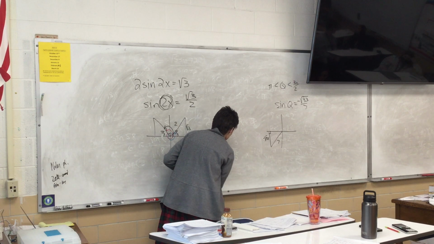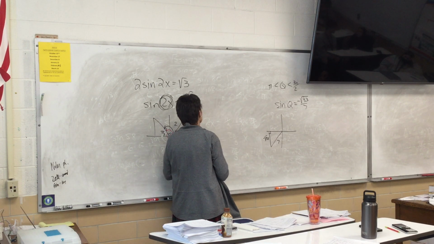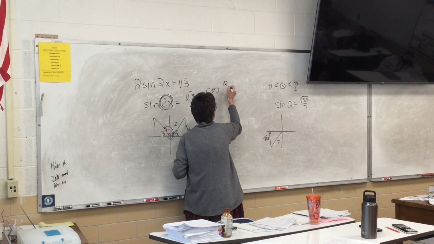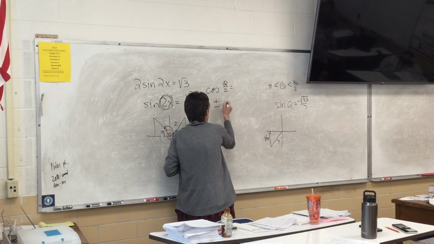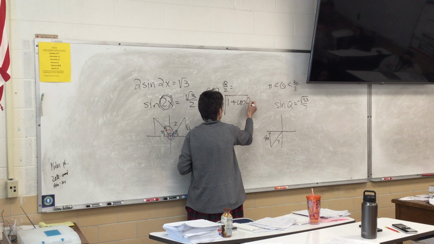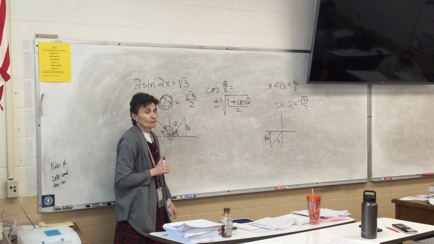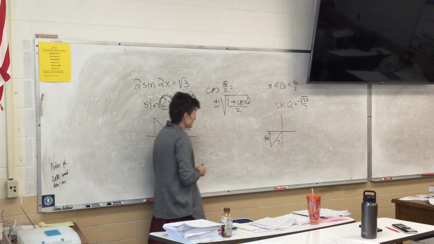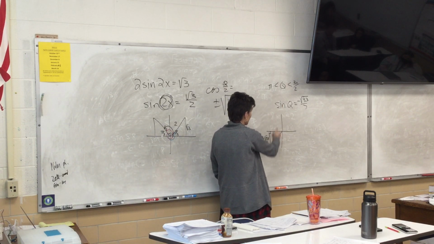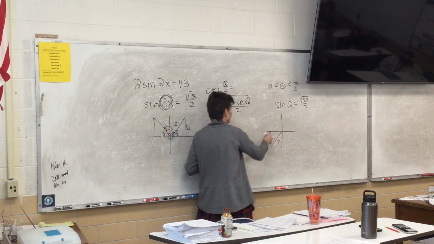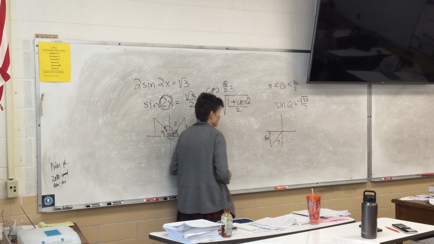Well, to find the cosine of Q over 2, I need my formula, which is the square root of 1 plus the cosine of Q over 2. So I got to look at this picture, which is a picture of Q, and figure out what the cosine is. Well, I need to figure out what the side is first.